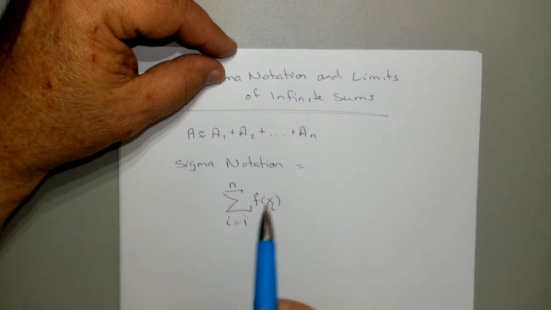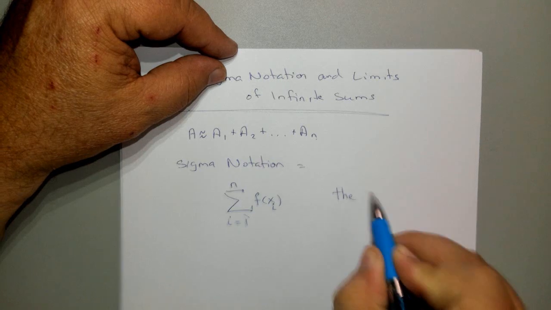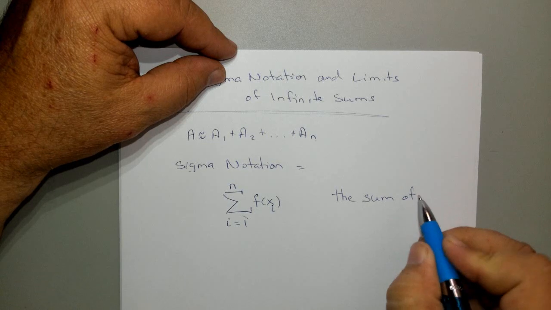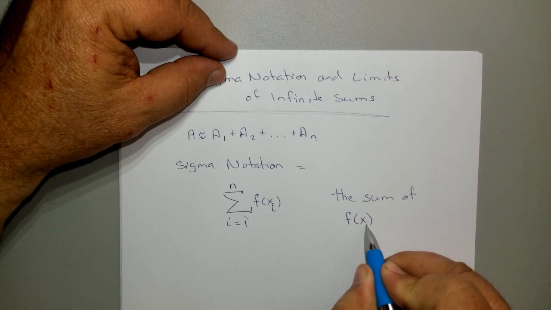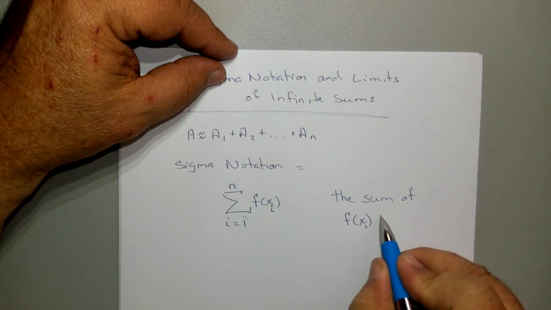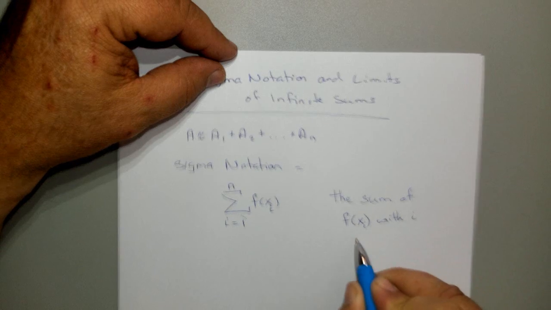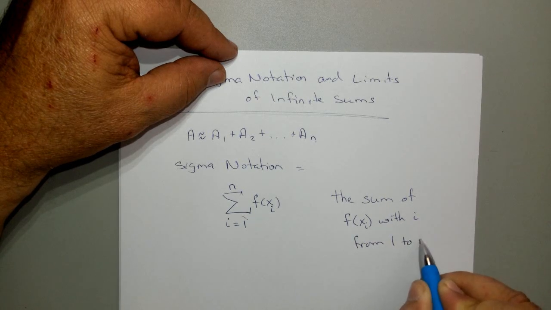The way it's read is the sum of f of x sub i with i from 1 to n.